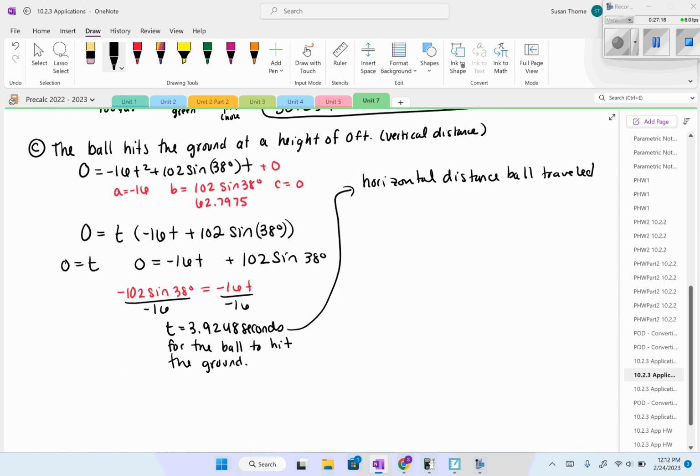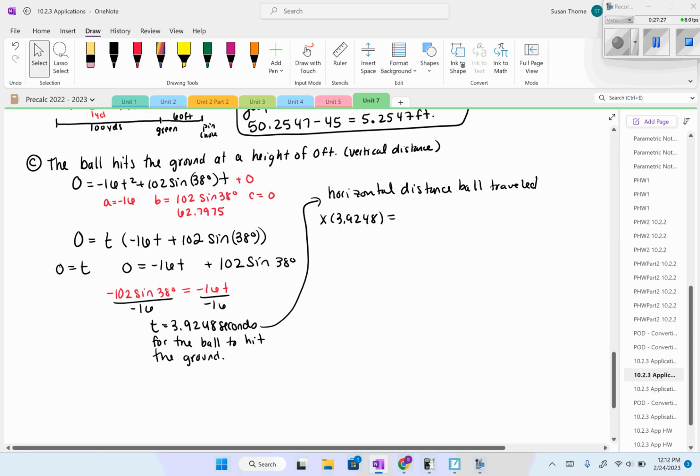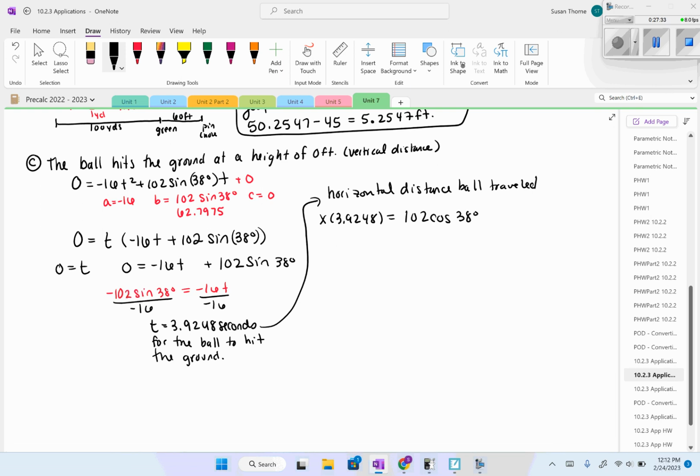So the horizontal distance the ball has traveled would be x of 3.9248. I'm plugging that into my x equals equation, so that would be 102 times the cosine of 38 degrees times the time.